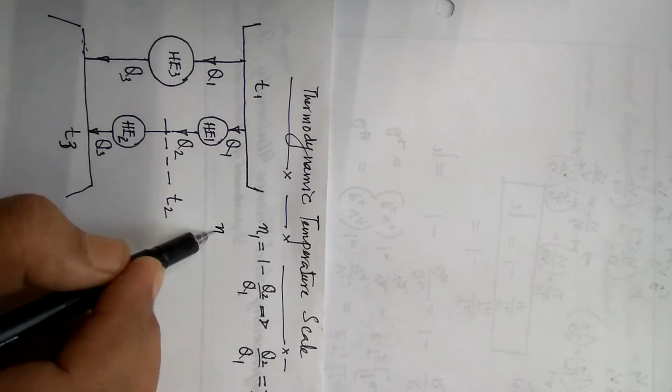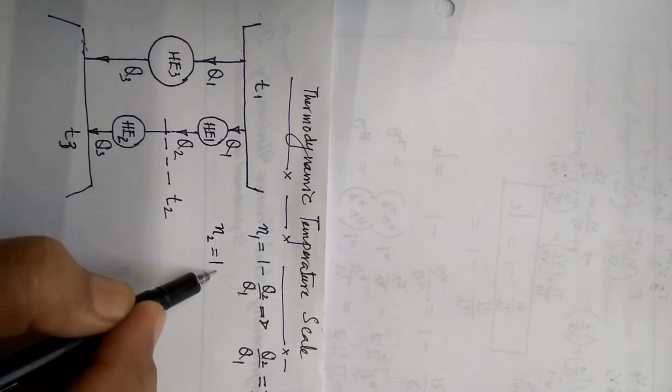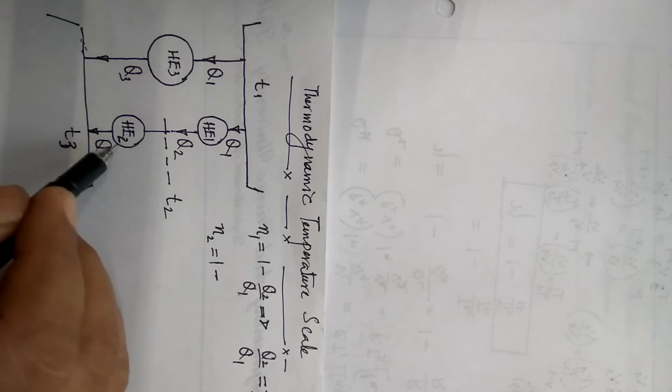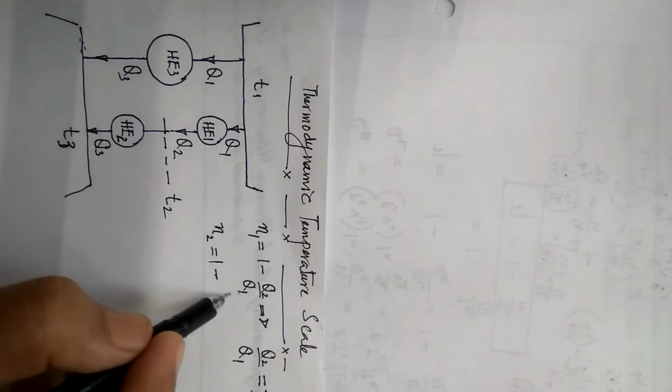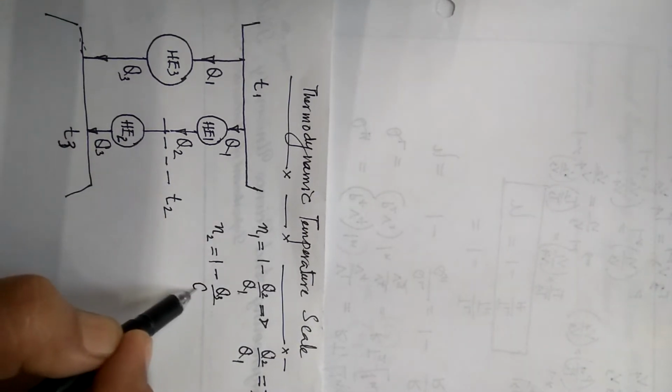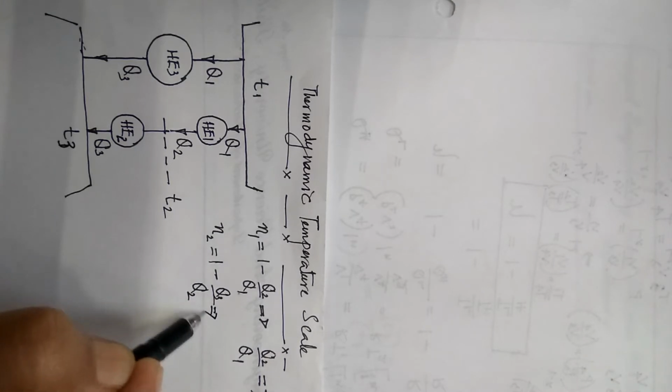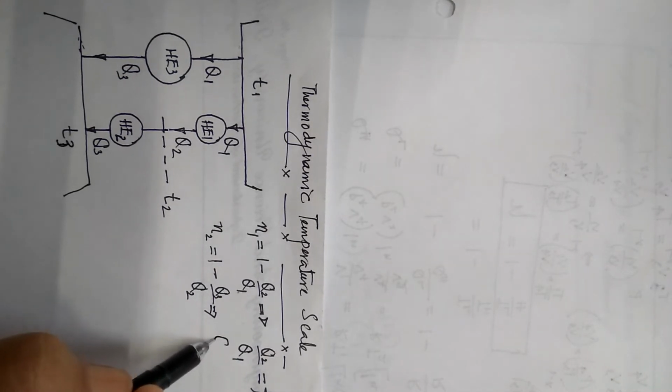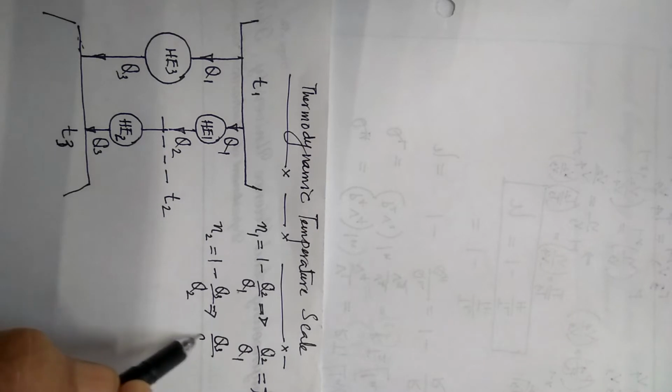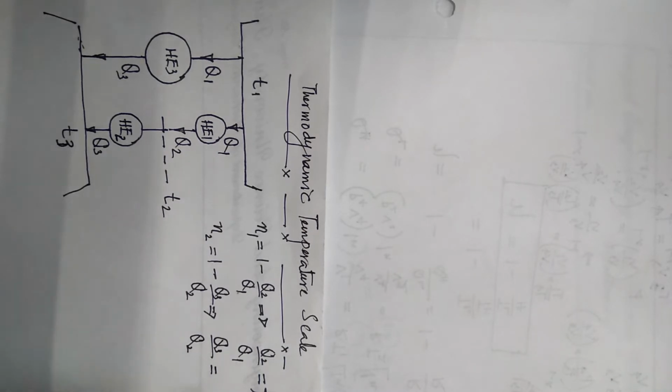So similarly, now I write eta 2 is equal to 1 minus, what is eta 2? The efficiency of this is 1 minus Q3 by Q2. So from there we can write Q3 by Q2 is f of T3 comma T2.